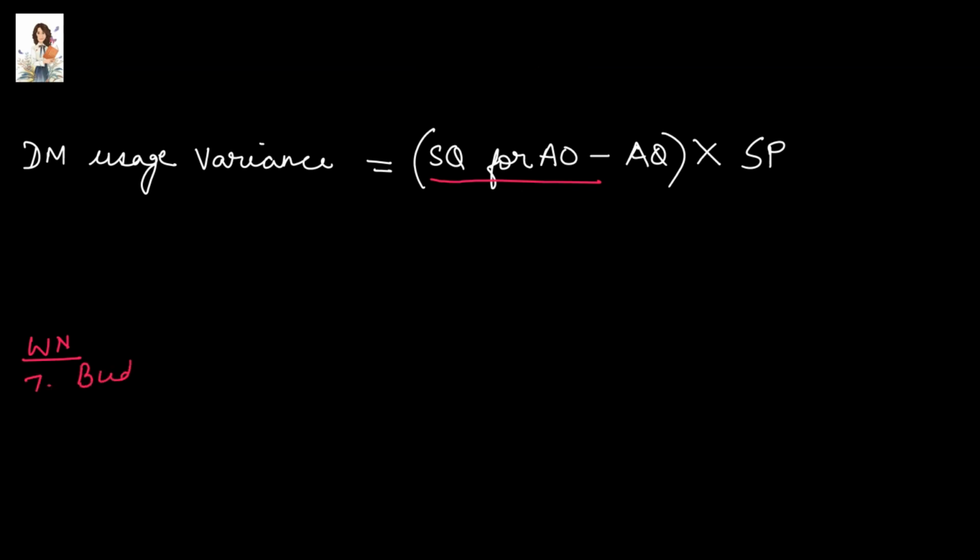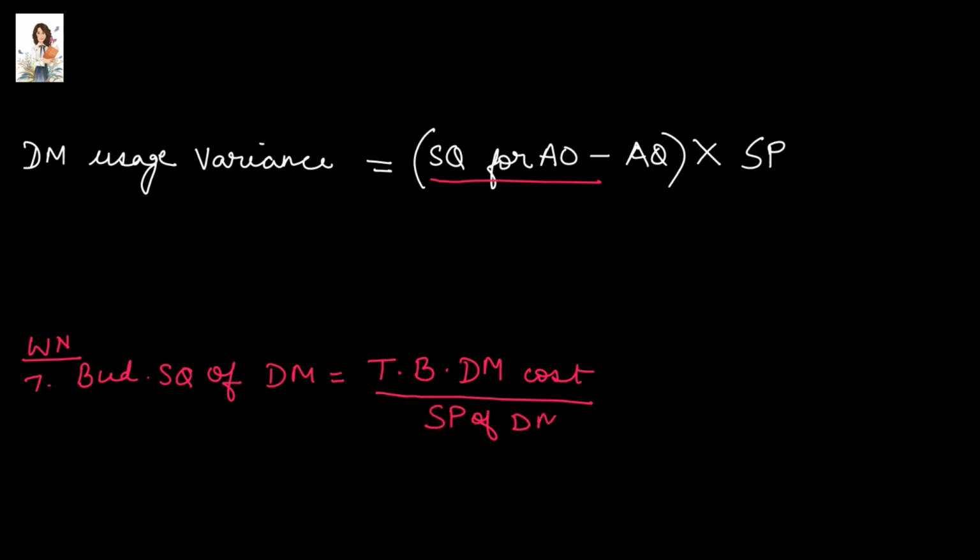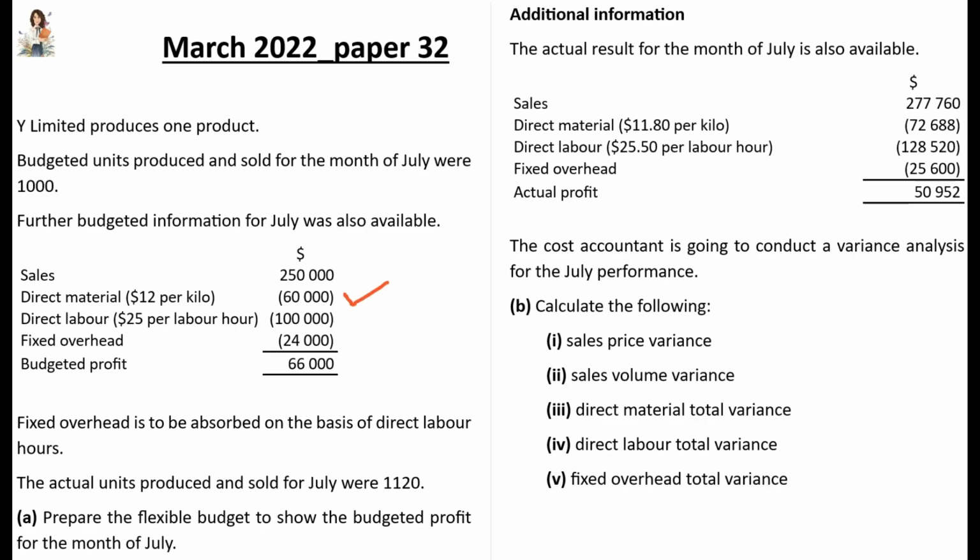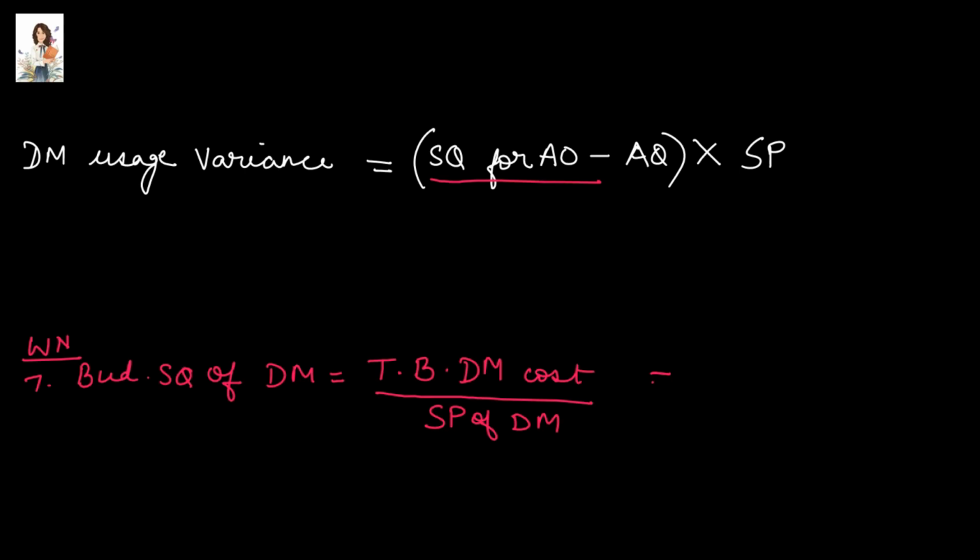Budgeted standard quantity of material is equal to total budgeted direct material cost upon standard price of direct material, which is equal to standard material cost is 60,000 and standard material cost per kilo is 12. Therefore, this equation becomes $60,000 upon $12 per kilo, which gives us 5,000 kilos of direct material. Now, this is the budgeted standard quantity of direct material or the standard quantity for standard output.